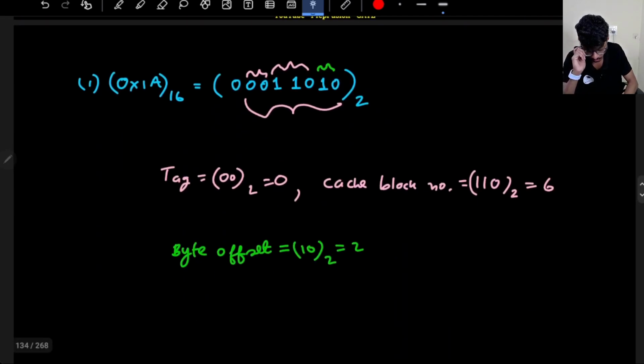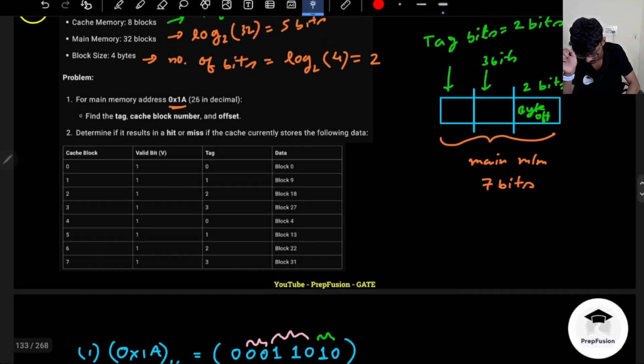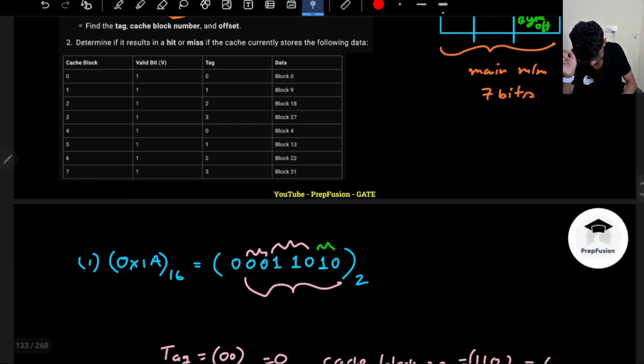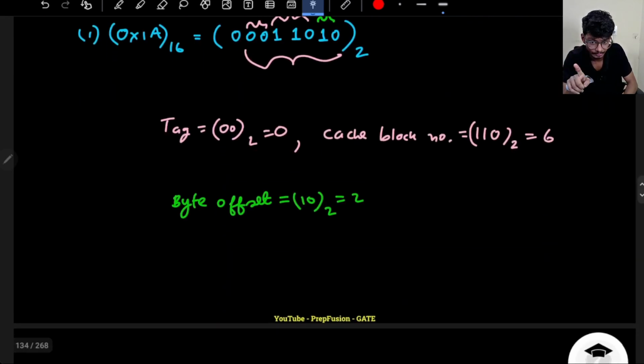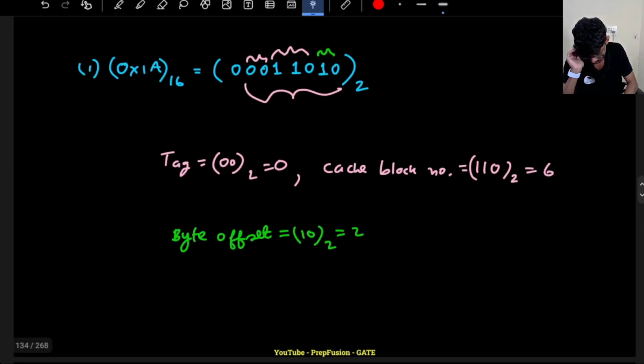I have found that my cache memory block number is 6. So I will go to cache block number 6 and check the tag. The tag stored there is 2, and my tag is 0. Is the tag matching? The tag is not matching. I'm just checking that nothing is wrong: 110 is the cache block number, and 7 bits is the address, so it is correct.